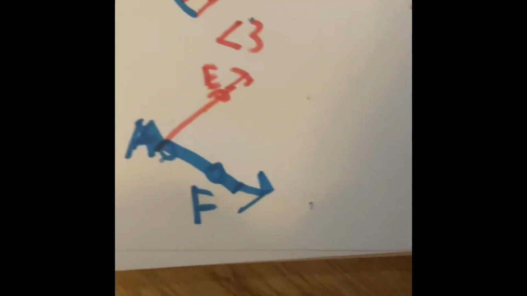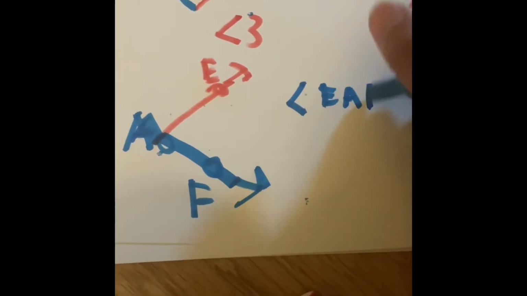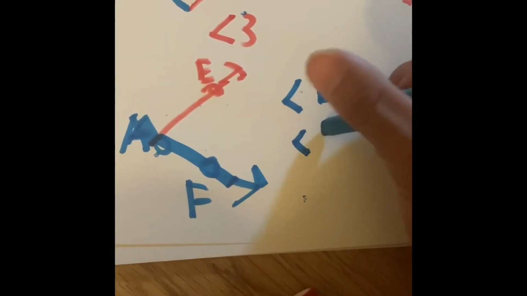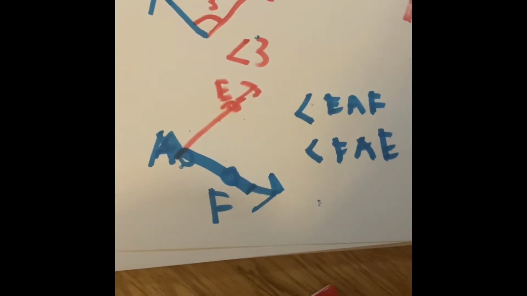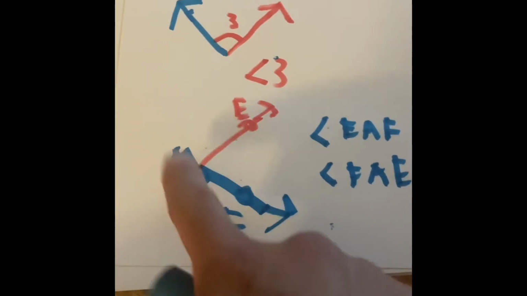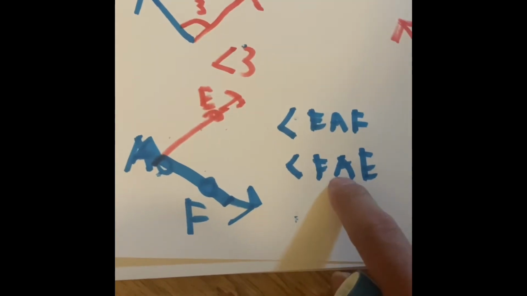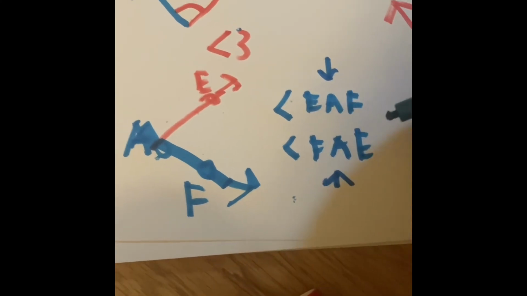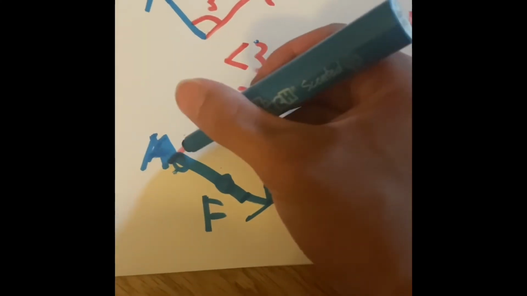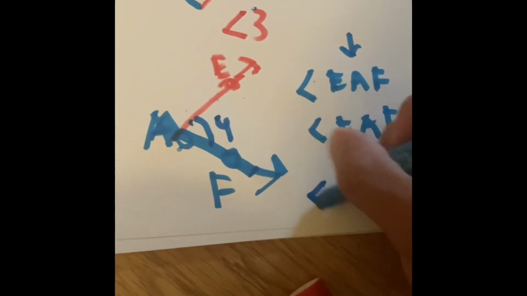We can say angle EAF or angle FAE. The only rule with this one is that the vertex, or the endpoint of the two rays that meet together, must be the middle letter, indicating which is which. If you ever had the vertex right there and you had an angle right there, let's say angle number 4, we're going to say angle 4.